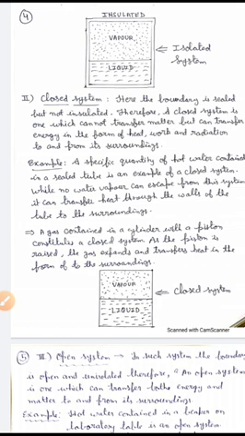Also, a gas contained in a cylinder with a piston constitutes a closed system. As the piston is raised, the gas expands and transfers heat to the surroundings.